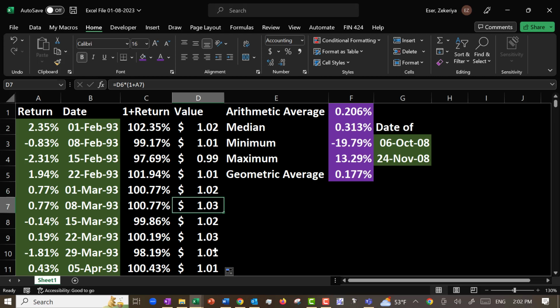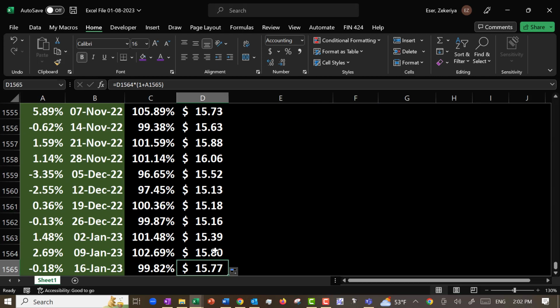If you invested $1 in SPY back in February '93, that money would have become $15.77. What geometric mean is: if you start with $1 and end up with $15.77, at what rate, on average, you grew your investments.